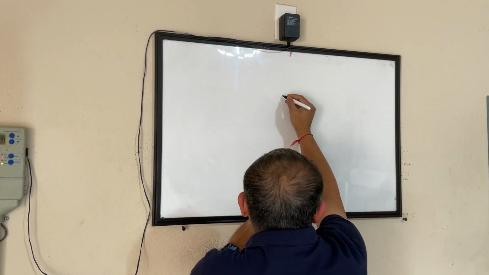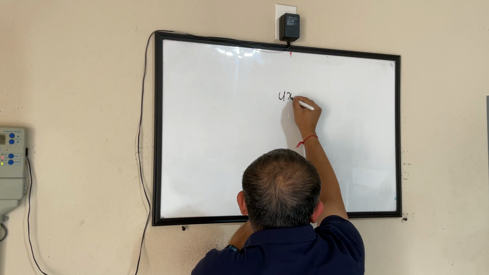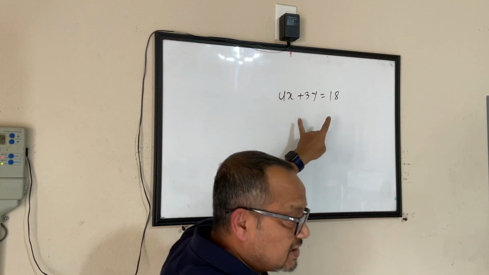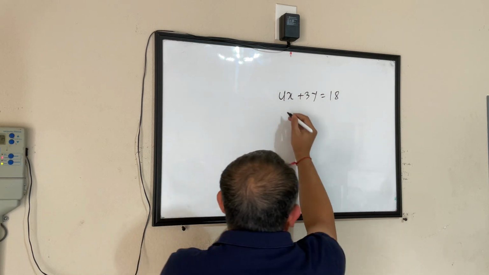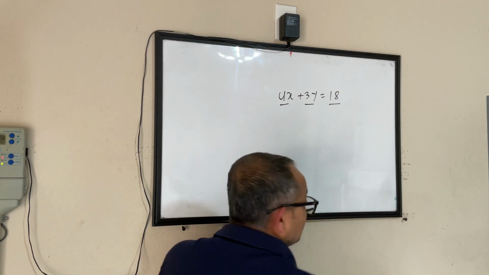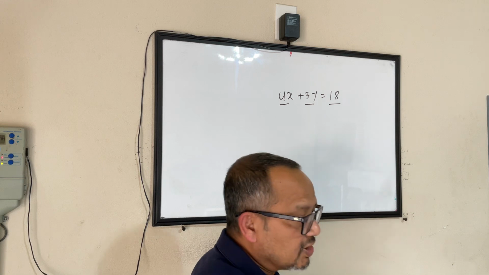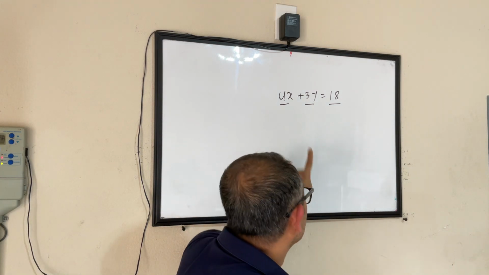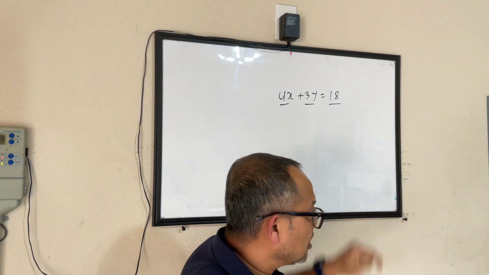So if I'm talking about 4x plus 3y equal to 18, this is an equation which has more than one term. 1 plus 1 plus 1, 3 terms are there. This is a polynomial. Meaning any equation or expression which has more than one term is called a polynomial.